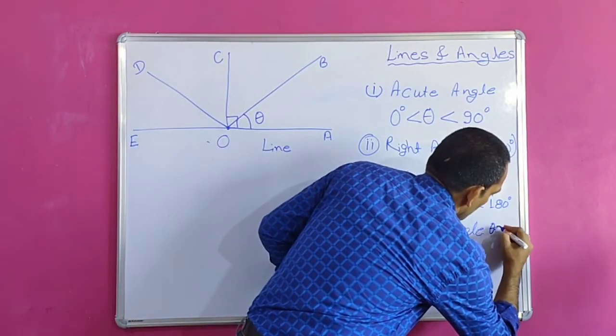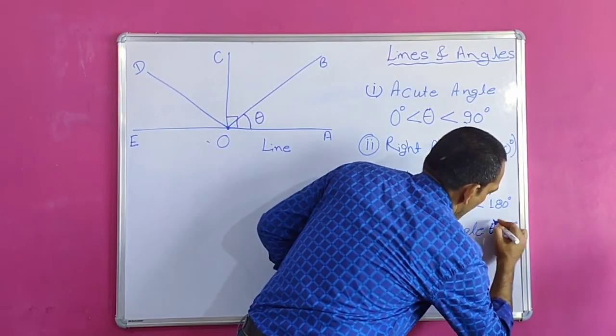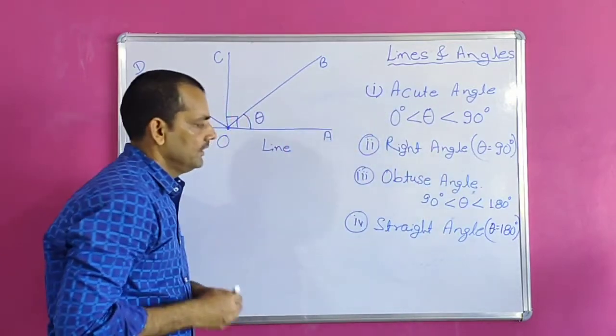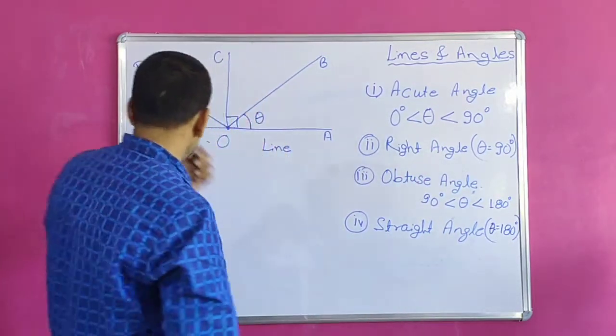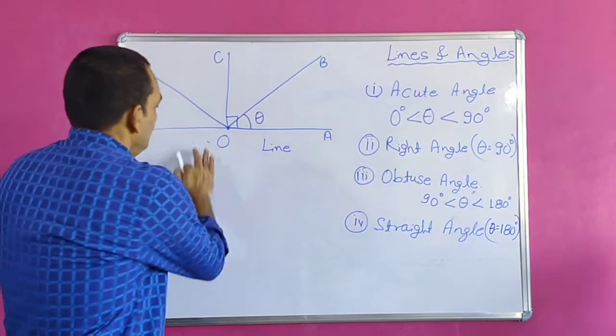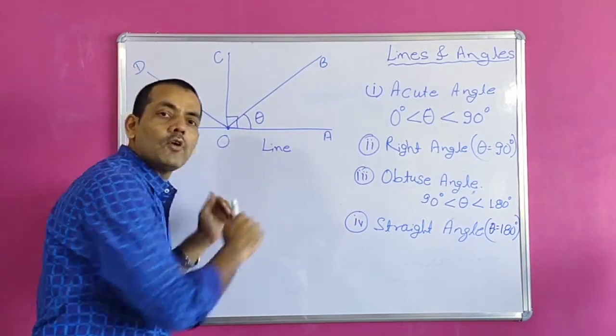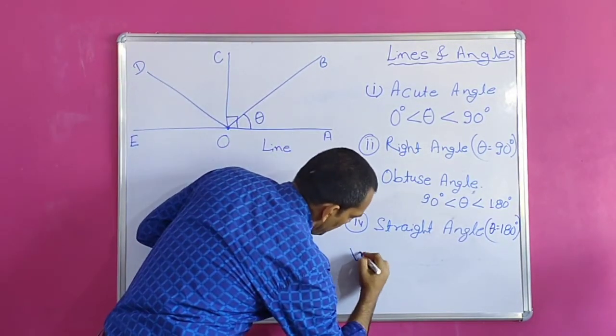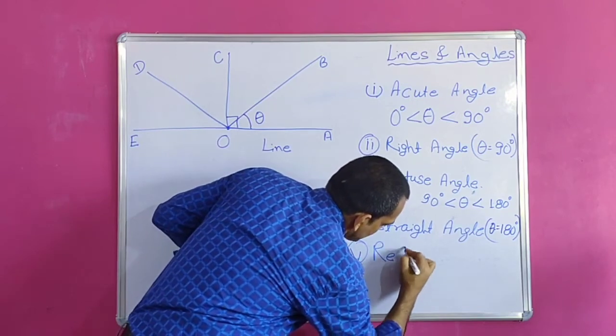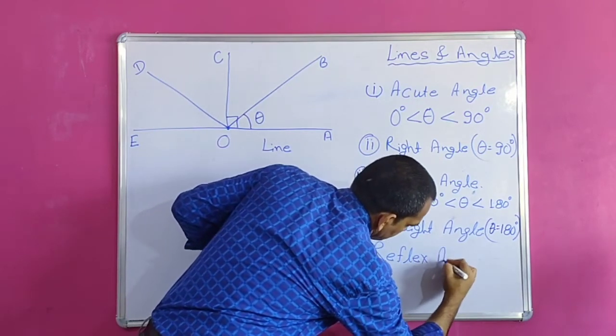So theta equals 180 degrees, and this is known as a straight angle. What if theta is more than 180? Then this one is known as a reflex angle.